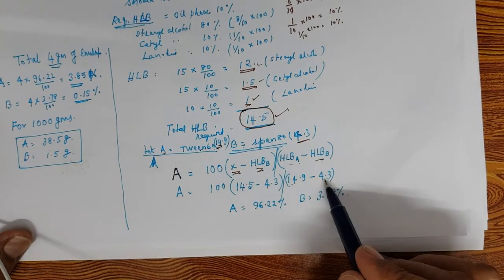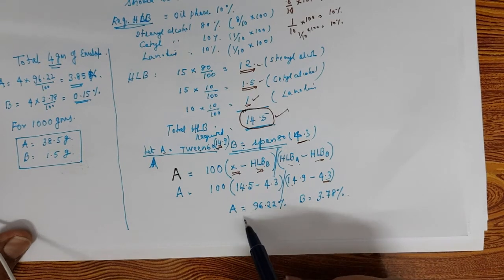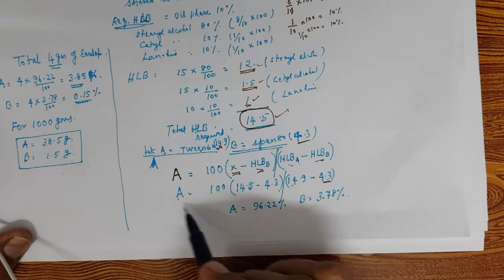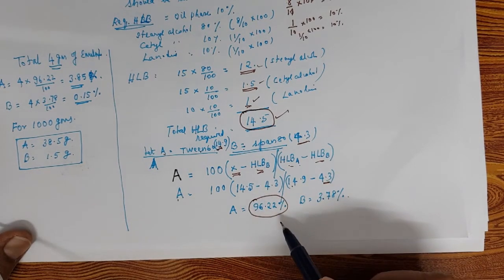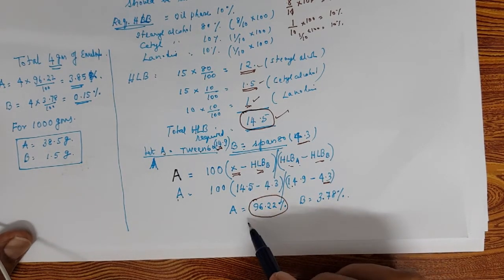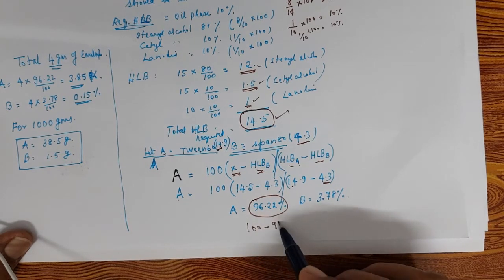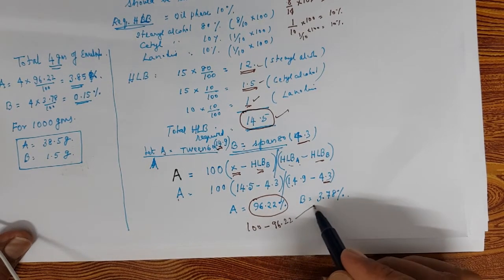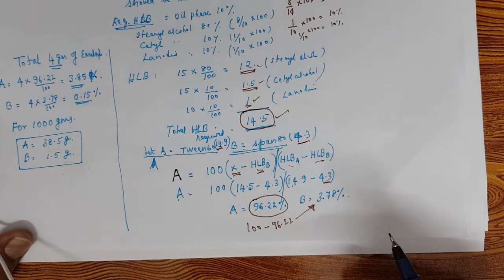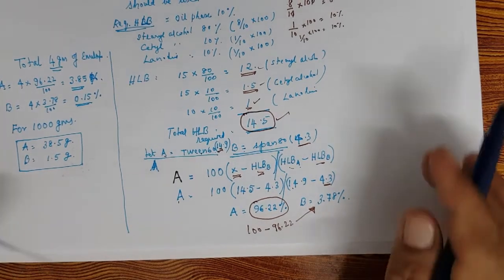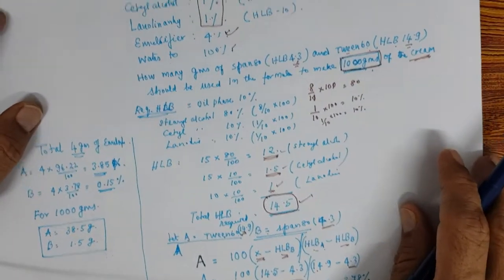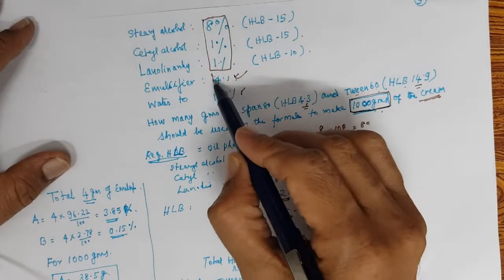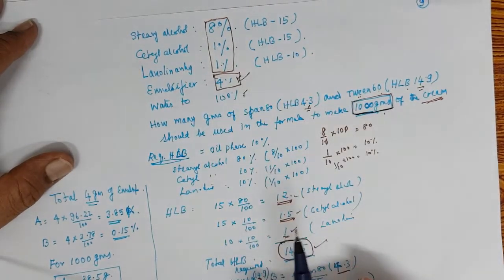So A is equal to 100 into 14.5, that is the HLB required, minus 4.3, HLB of B, divided by 14.9 minus 4.3. So you get A is equal to 96.22% if you calculate, and 100 minus 96.22 you get B, 3.78%. So what is the weight of emulsifier? Weight of emulsifier in the formula is 4 grams, right?